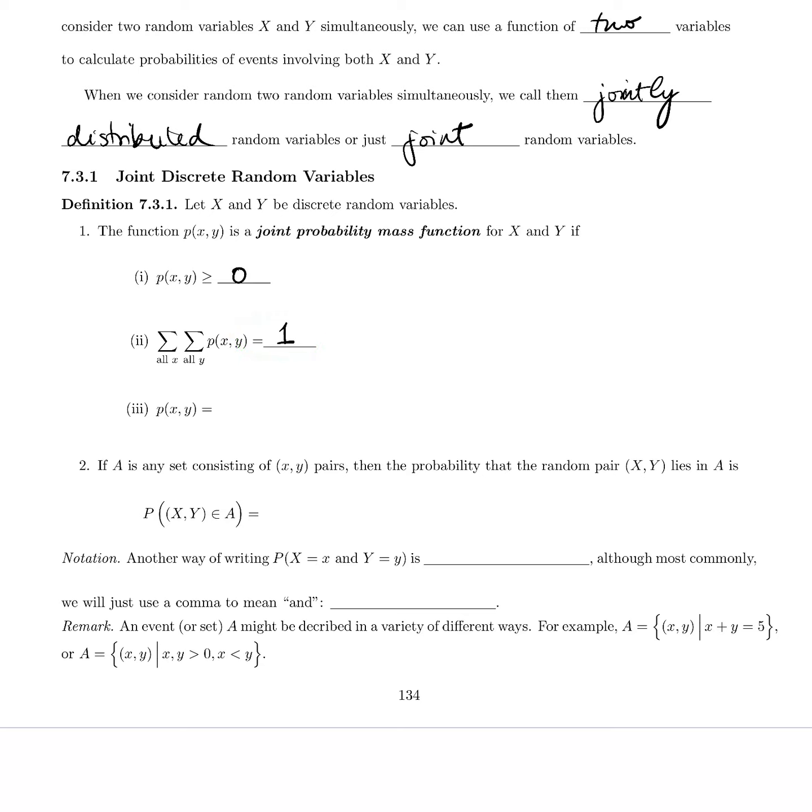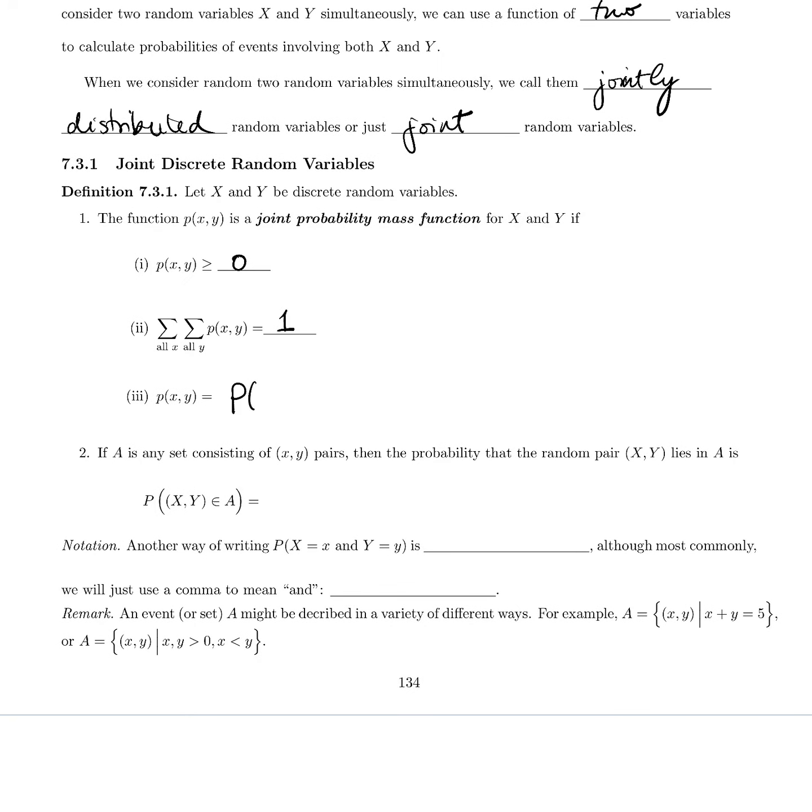And the probability p(x,y) is the probability that X is equal to little x and Y is equal to little y.